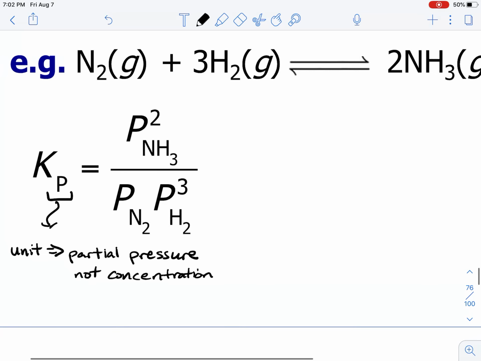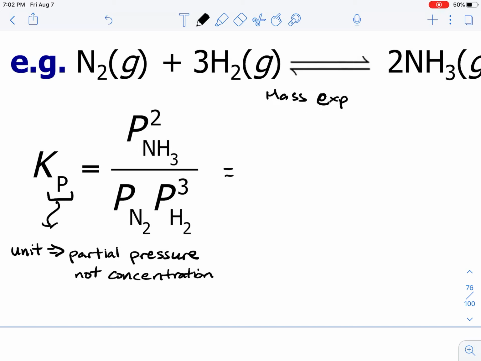Okay. And so I want to rewrite this mass action expression. The mass action expression for Kp is simply going to be the partial pressure of the products, which in this case is NH3, raised to its own coefficient. So notice that here we have a coefficient of 2, so therefore it's going to be raised to the second power.